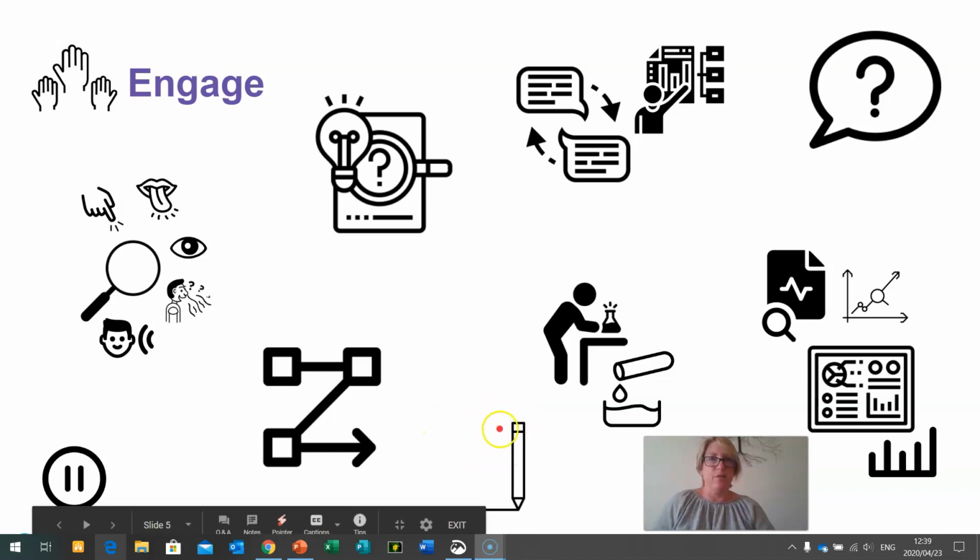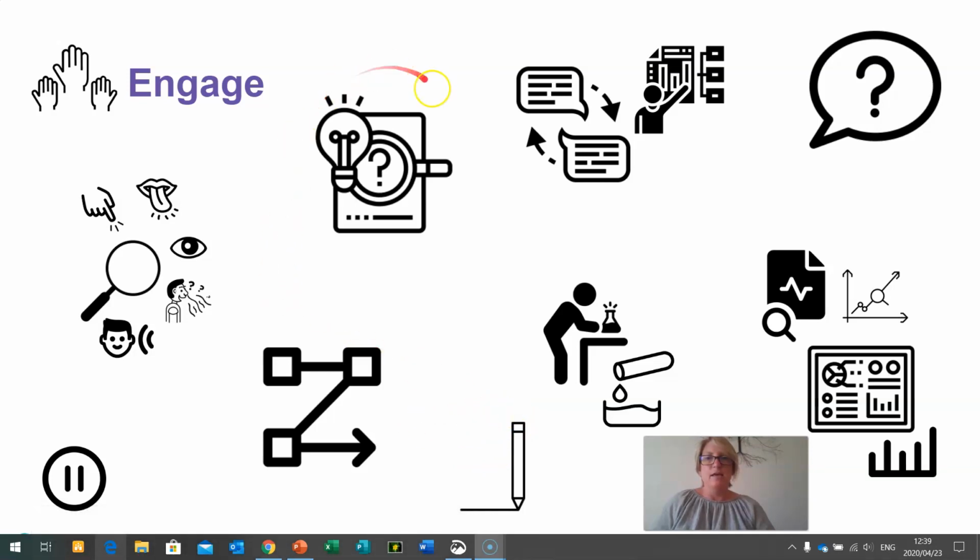It's the final thing that you're going to write down. Here we have three things linked together. We're going to write something down, but it's linked to a question, but it is a new idea that you have. And here is using skills of touch, taste, sight, smell, and hear.